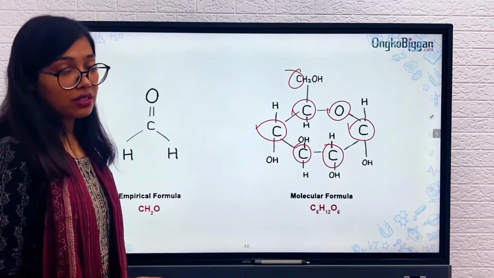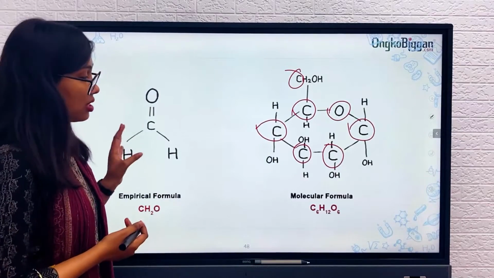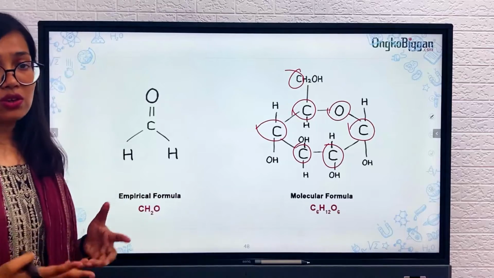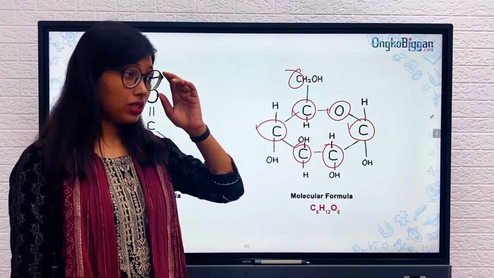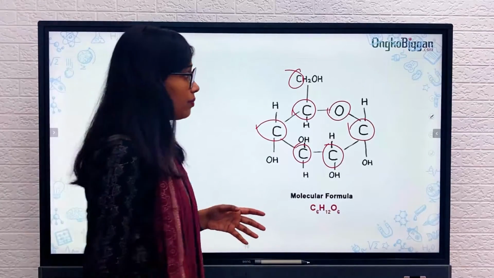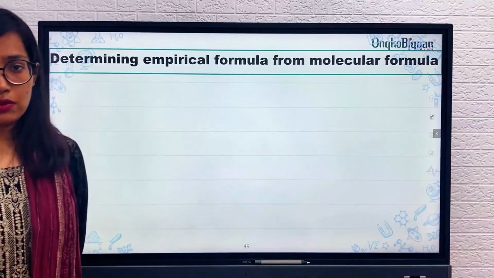That's where the empirical formula and molecular formula are different from each other. This represents the simplest ratio of the elements, but this represents the entire amount of the elements.